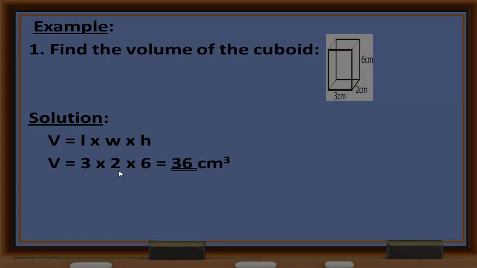Therefore, 3 times 2 times 6 is the volume, that is 3 times 2 is 6, 6 times 6 is 36 centimeter cube. We write cube here since we have centimeter times centimeter times centimeter, which is centimeter cube.